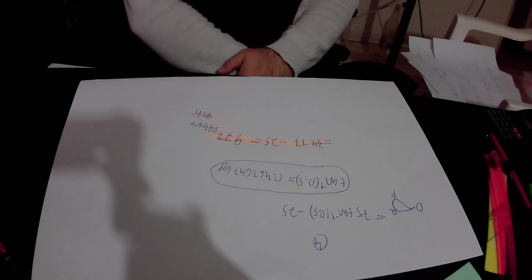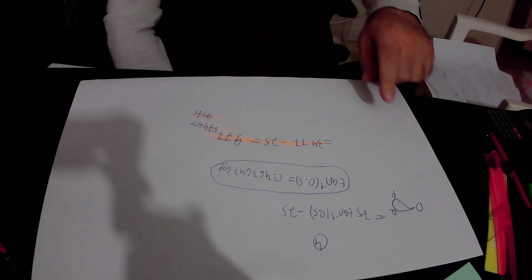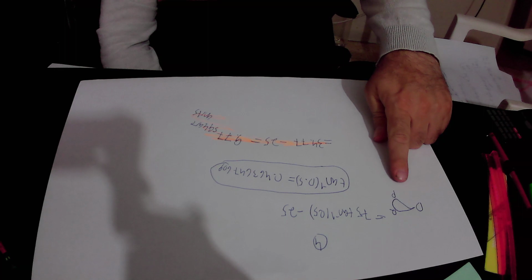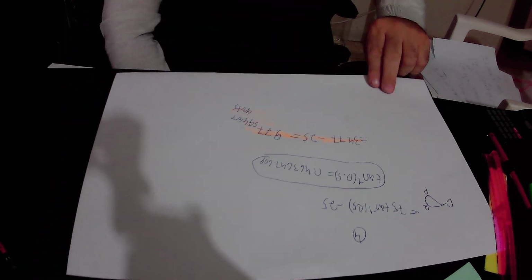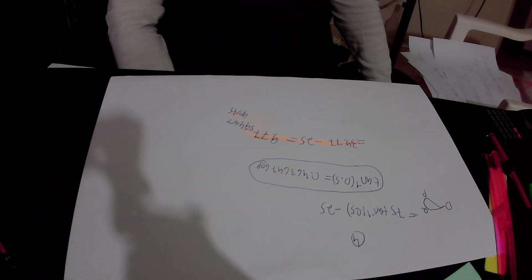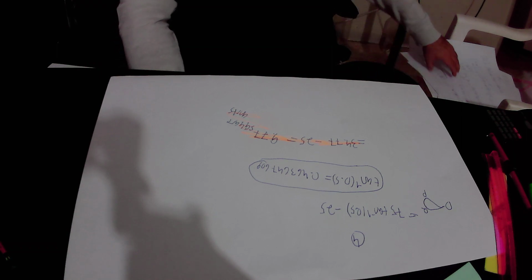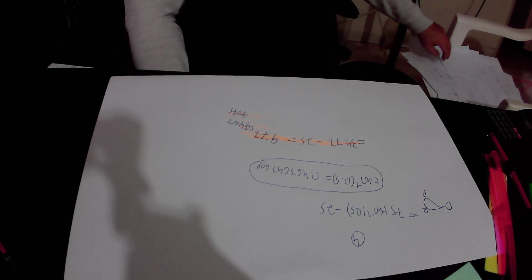So in conclusion, in both methods we found that the area of the orange shape, that is also the area of shape DPQ, is equal to 9.77 square units. Okay, thank you very much.